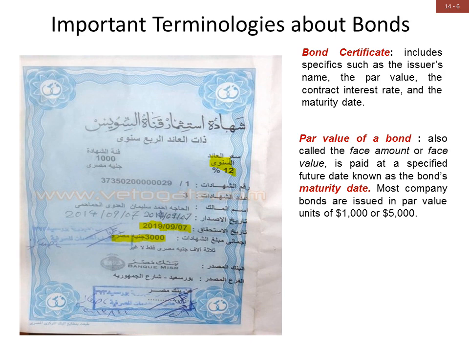So bonds, let me say it in Arabic, bonds are government bonds. One of the famous bonds that we had in Egypt during the last maybe 3 or 4 years was the Suez Canal bonds, that was used by the government to finance building of the new Suez Canal at that time.